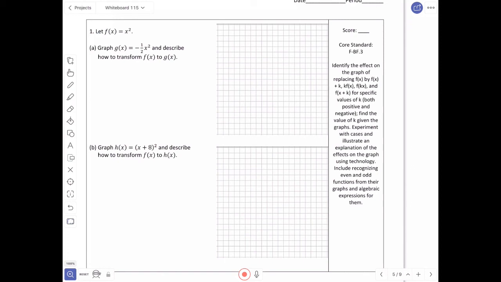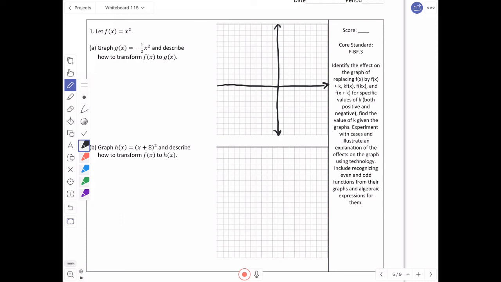If f of x is x squared, graph -1/2 x squared, and tell me how to get from f to g. Okay, so at this point, you're on quiz 3. We, as you may have noticed watching this video, have graphed a lot of parabolas. You should kind of know how they look by now. So maybe you're saying, all right, 0 squared, 1 squared, 2 squared's 4, 3 squared, 5, 6, 7, 8, 9.